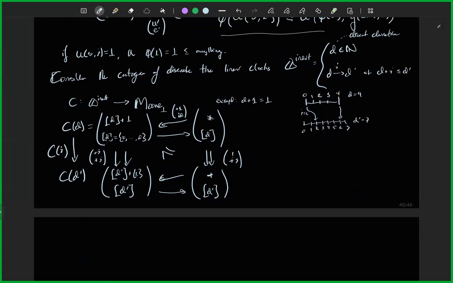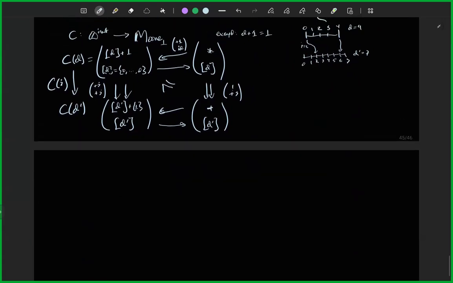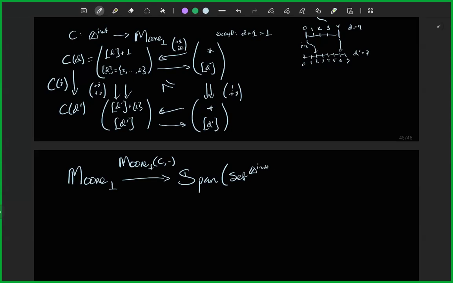Okay. As a corollary of the above thing we just talked about, we get a representable double functor out of C into now its span of set to the delta inert, 1 comma dash, right?